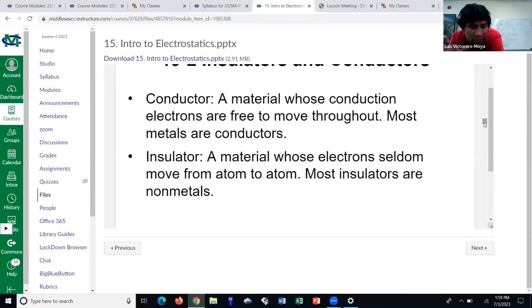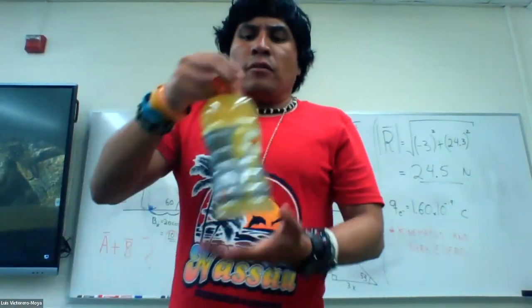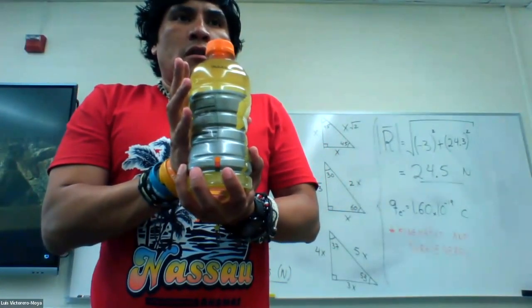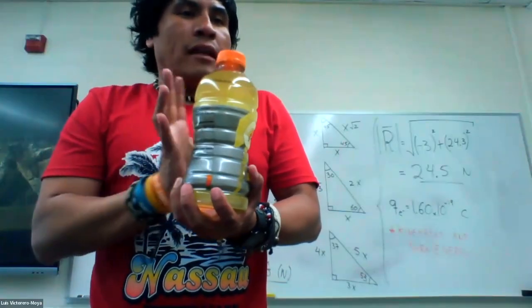All right. An insulator, however, is a material where the electrons are moving from atom to atom. And in terms of distribution, they are distributed in the whole volume of the object. What do I mean by that? Imagine this is a conductor, right? So the plastic, imagine this was metal.